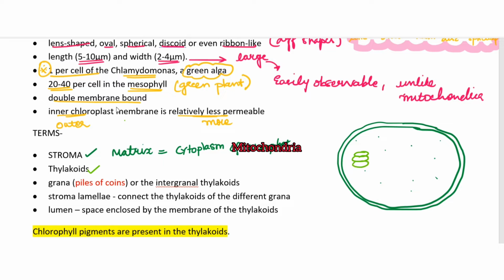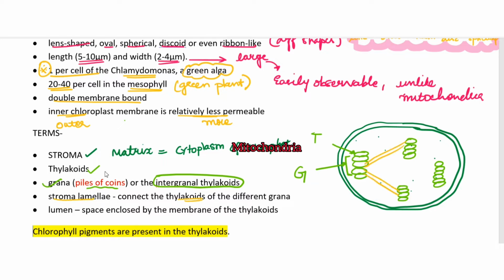Next we have thylakoids. These are the thylakoids, and all these thylakoids together, the pile of coins, this structure you see, is known as the grana or intergranal thylakoids. Both mean the same. Next we have connecting structures known as stromal lamellae, which connect the thylakoids of different grana.